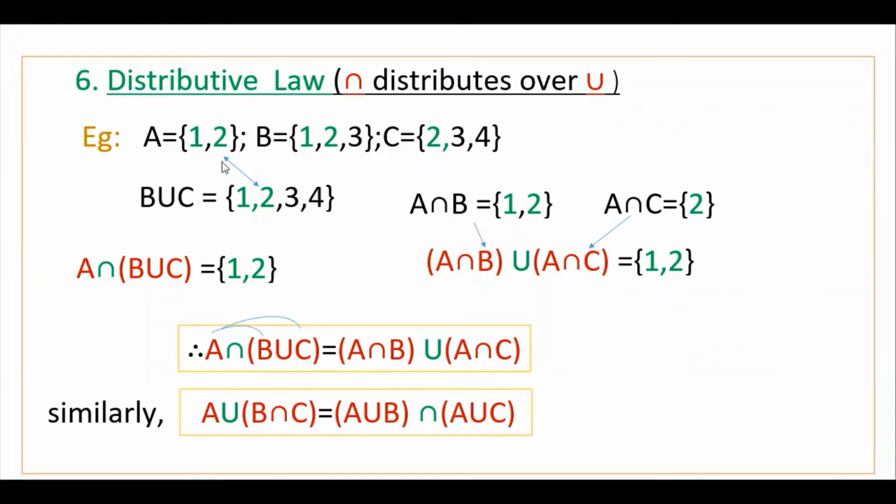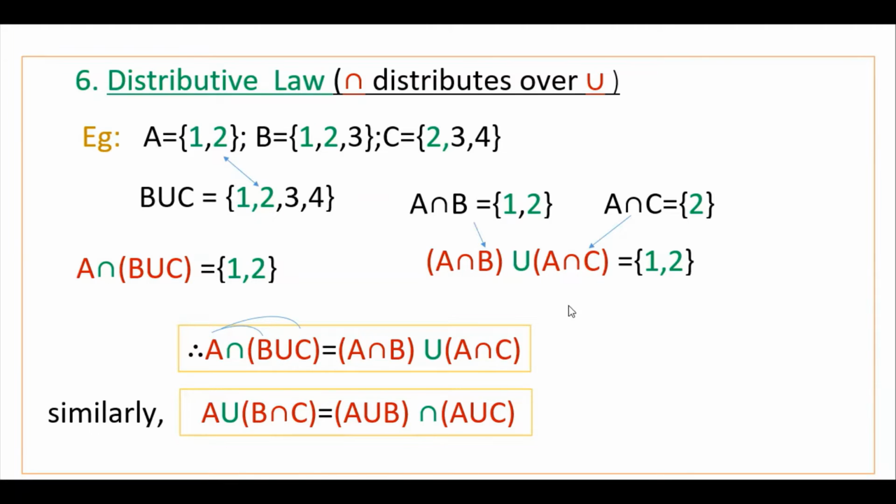And if you intersect A and B sets, the common elements are 1, 2. So write here. And A and C, intersect A and C. The common element is only one element, 2. So write here. And if you union these two sets, A intersection B and A intersection C, then the elements are 1, 2. Therefore, A intersection (B union C) is equal to (A intersection B) union (A intersection C).